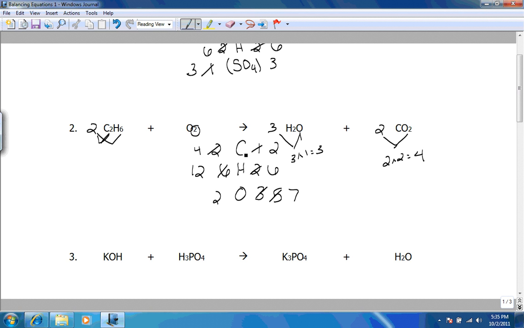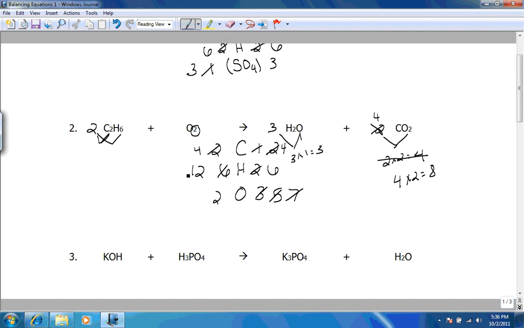So the 4 carbons on this side, in order to get 4 over here, this now becomes a 4. Which means we now have 4 times 2 rather than 2 times 2. So that means right now, let's do the hydrogens before we add up the oxygens on the right hand side.